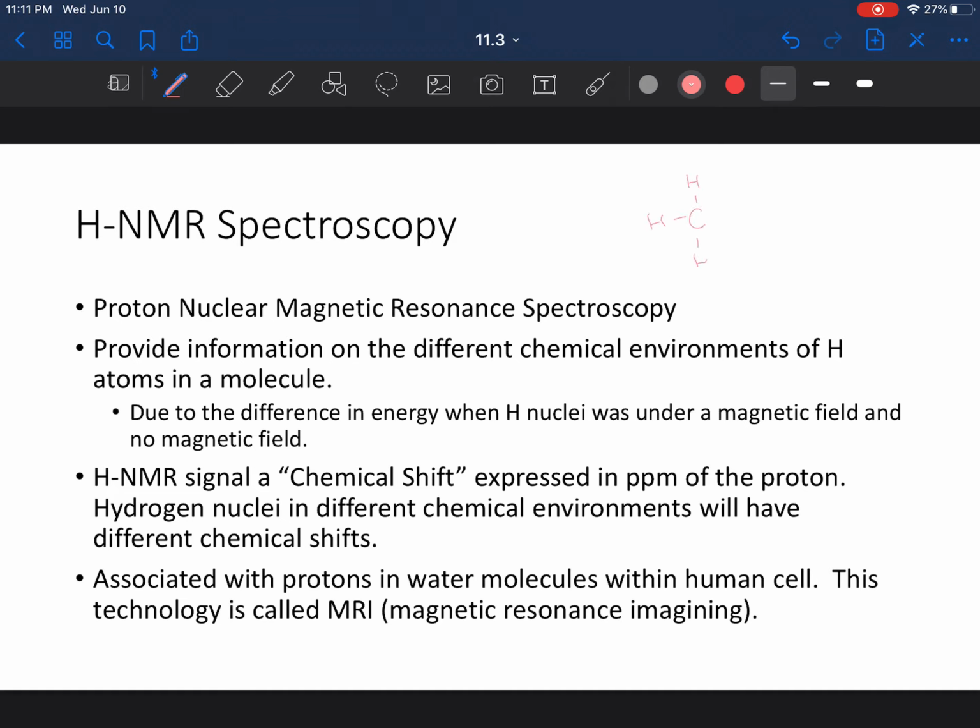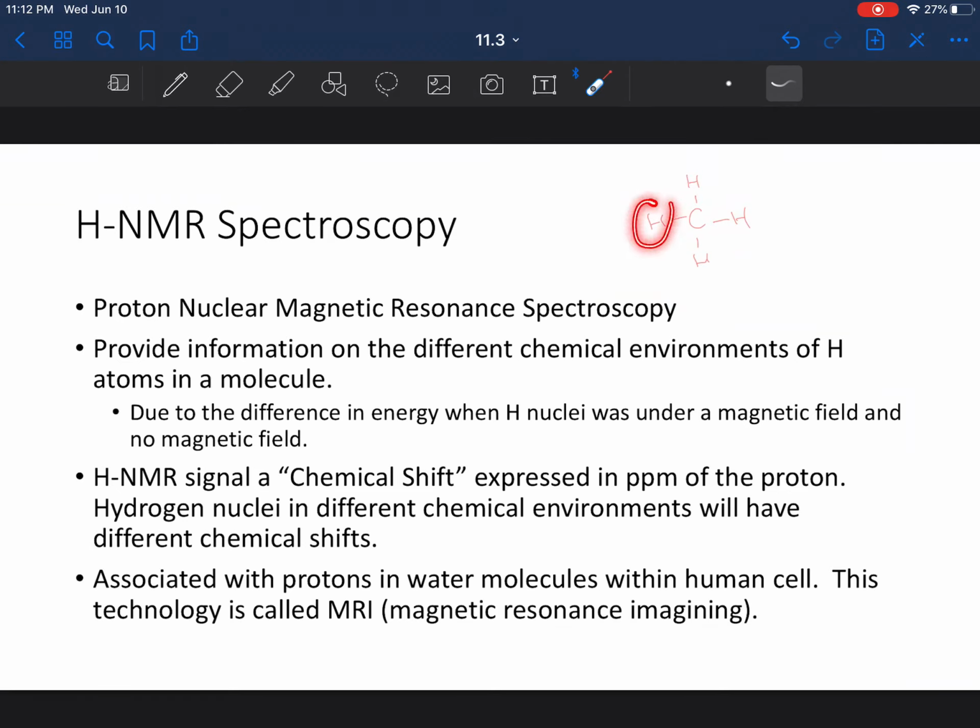Here's methane. If you were to put methane in an HNMR, you're going to get one peak. Why one peak? It's because if you look at these hydrogens, they're really all the same in terms of their environment.